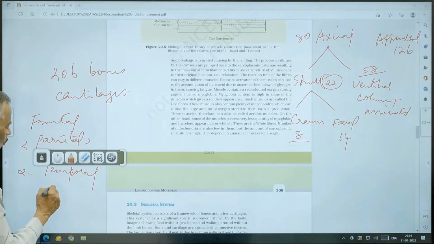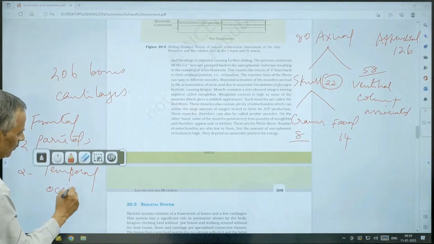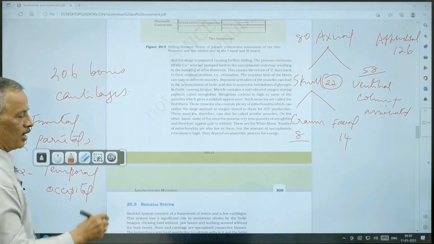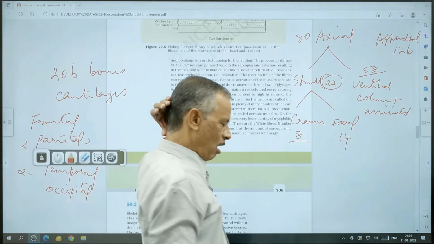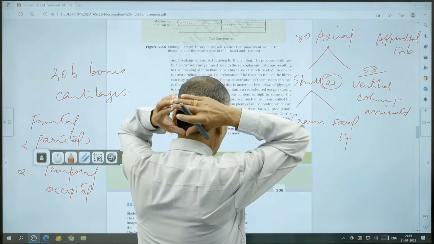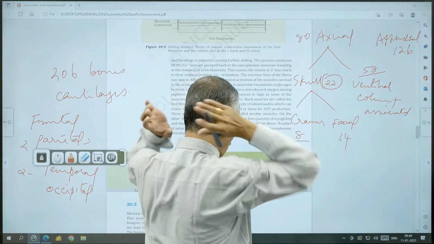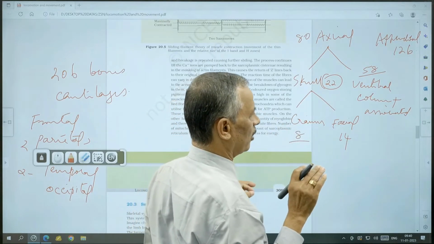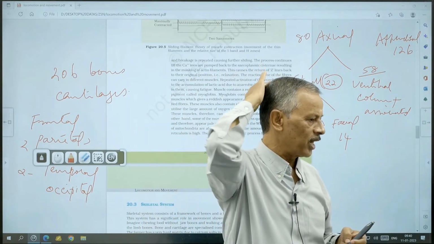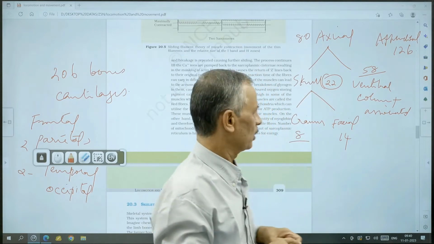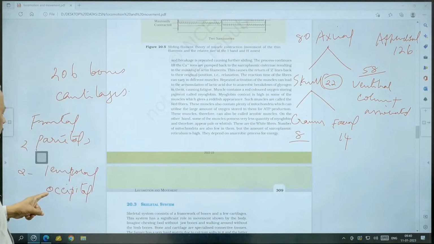Then one occipital. This occipital has a large opening in the center. It is almost a ring-like bone. It has a large opening in the center called the foramen magnum, through which the brain comes out. Okay, the brain comes out through the foramen magnum.